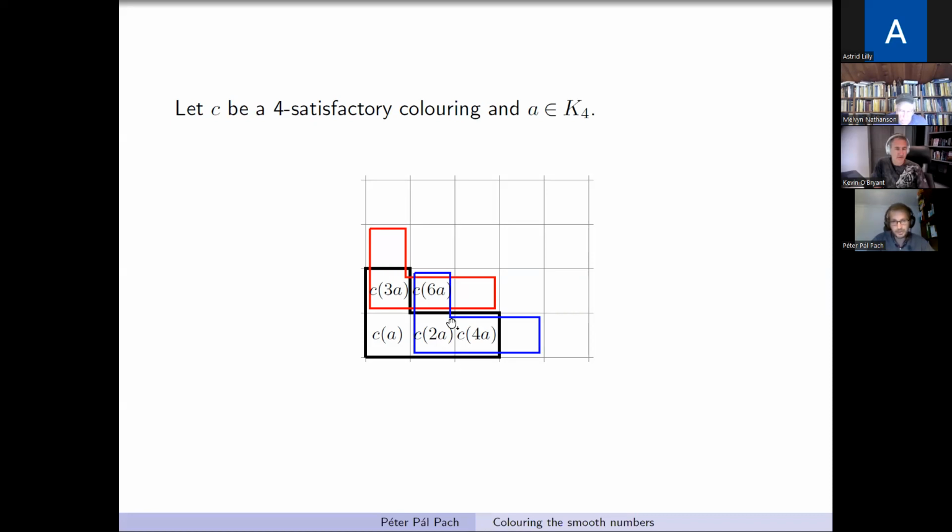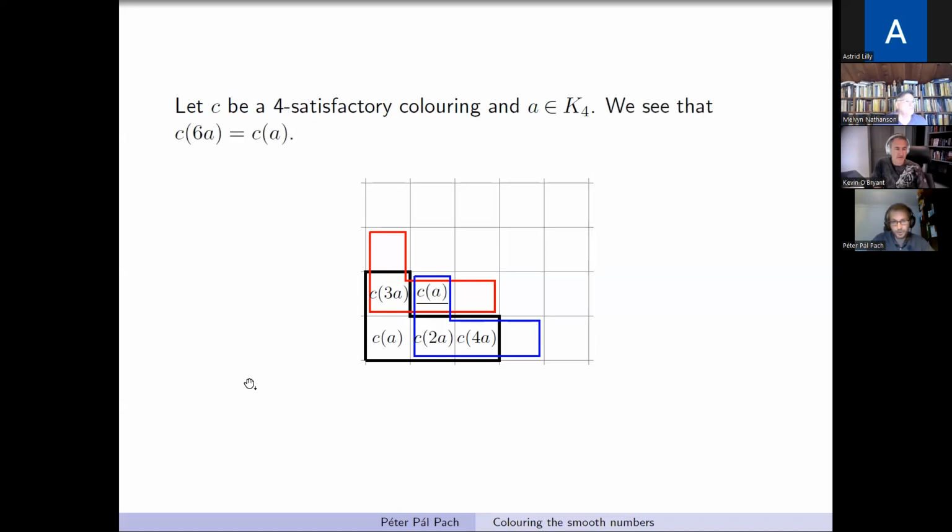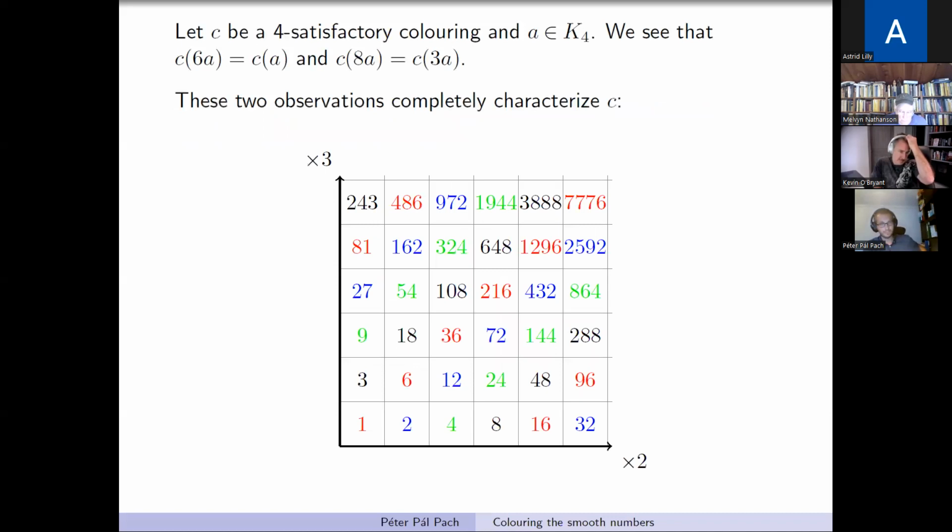So only one possibility is left. The color of 6A must be the same as the color of A. And now from the blue translate, we learn that the color of 8A should be the same as the color of 3A. And we can continue filling out the colors, and we get such a pattern. And it is not difficult to check that this coloring, which is uniquely determined, is indeed 4-satisfactory.